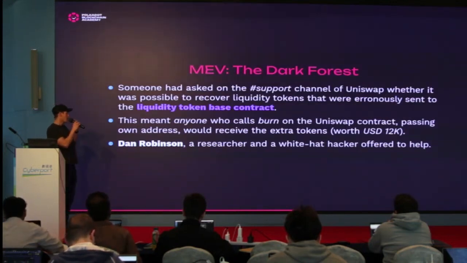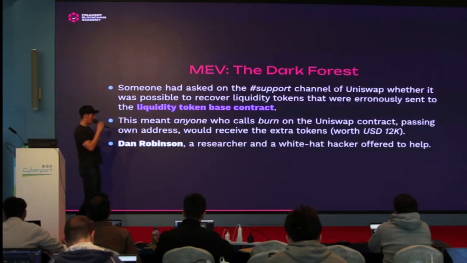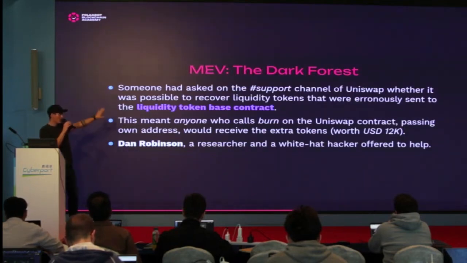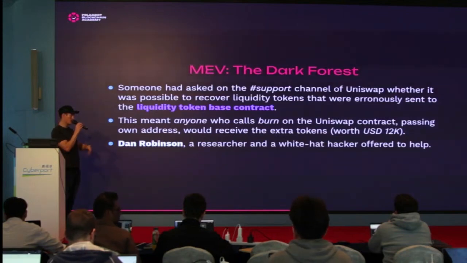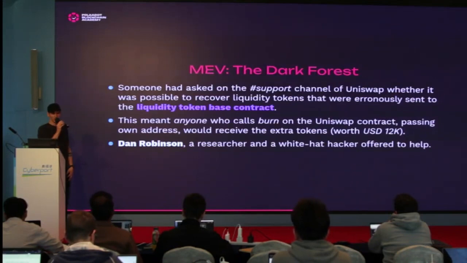So the rescue would be easy, right? You just call this burn function, you get these tokens, and you return them, or even the original person who had the problem could do it. The only problem was that the moment you submit this opportunity, someone would front run it within seconds.